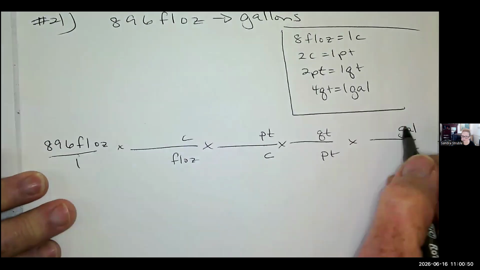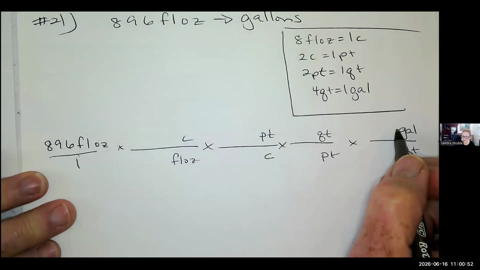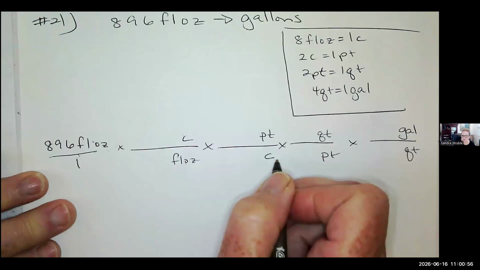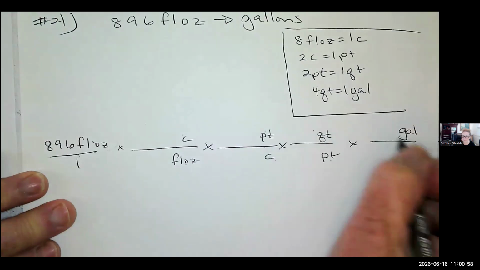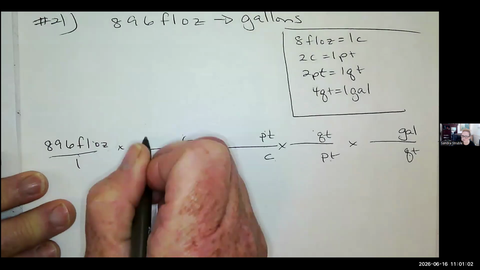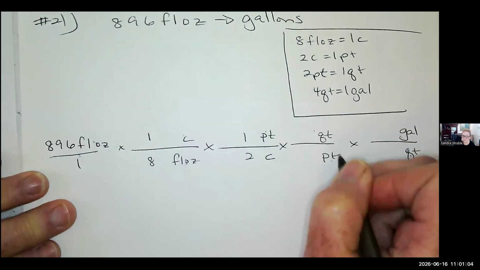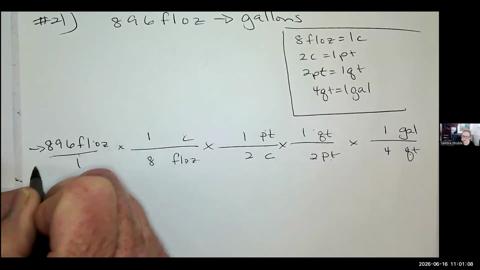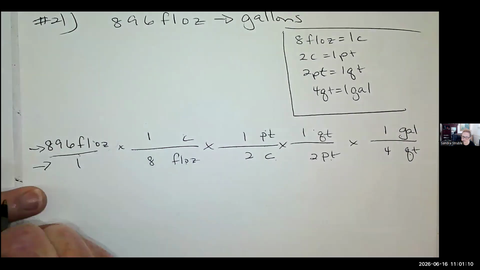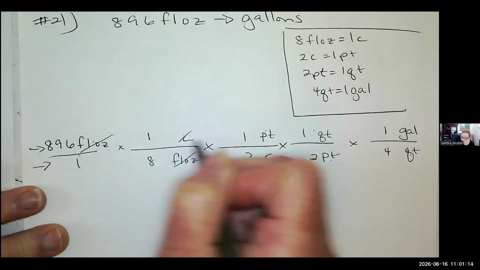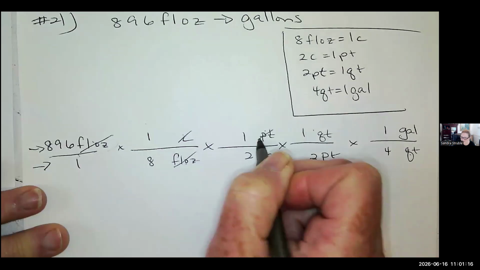Okay. Once you get your conversion set up, fluid ounces, cups, pints, quarts, left with gallons, now is when you put your numbers in. So 8 fluid ounces a cup, 2 cups is a pint, 2 pints is a quart, 4 quarts is a gallon. When you multiply straight across the top, straight across the bottom, your fluid ounces are going to cancel out, cup top, cup bottom cancel out, pint, pint, quart, quart cancel out.